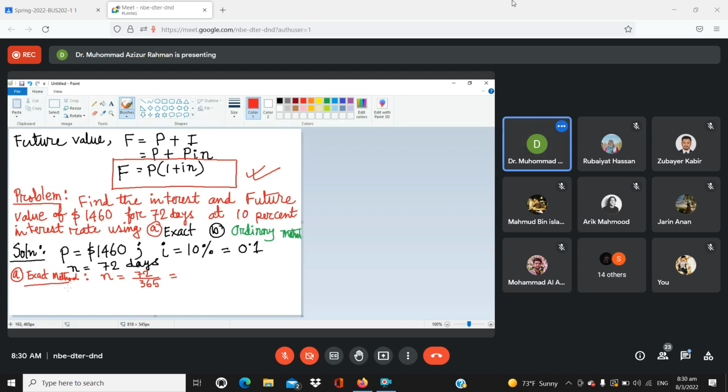I equals P I N. So P is 1460, interest rate I is 0.1, into N. N is how many years? 72 divided by 365 years.